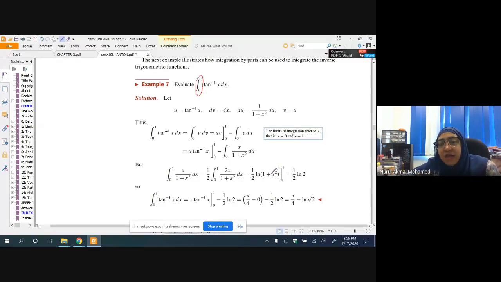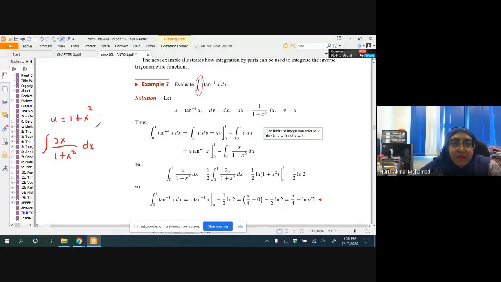This is by using substitutions. If you have u equal to this part here, you can try with u equal to 1 plus x squared, in order to solve the integration of 2x over 1 plus x squared dx.